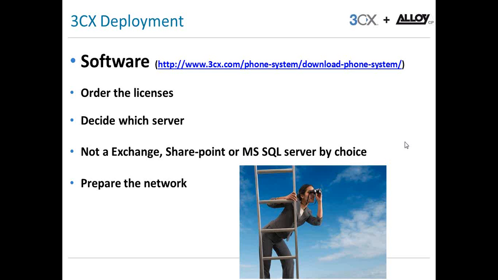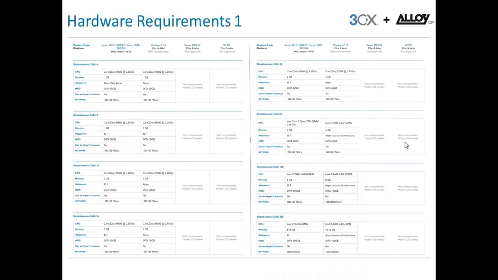The next bit of the assignment is to prepare the network. There's a couple of things we'll talk about there in the next couple of slides. On the 3CX website, if you type in hardware requirements in the search field, one of the first, I think in the top 3 or 4 entries, is the hardware requirements document, which you can see on the screen now.